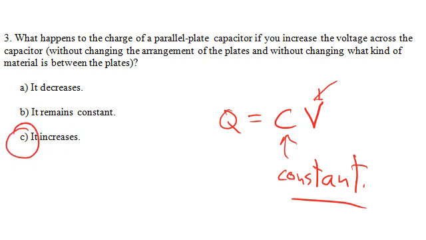So read that one more time. What happens to the charge, Q, if you increase the voltage? V goes up, and therefore Q goes up. That's C. Alright, that does it for this video about an in-class quiz on Chapter 8.